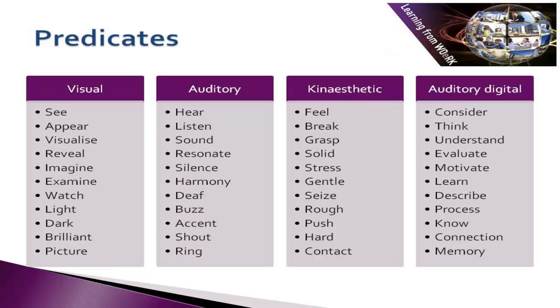And then we have kinesthetic with words like that feels right, break, you can break the pattern, grasp, I can grasp that, solid, what a solid idea, stress, gentle, seize, rough, push, hard, she's hard to get on with, contact. All these words are to do with emotions and doing things.